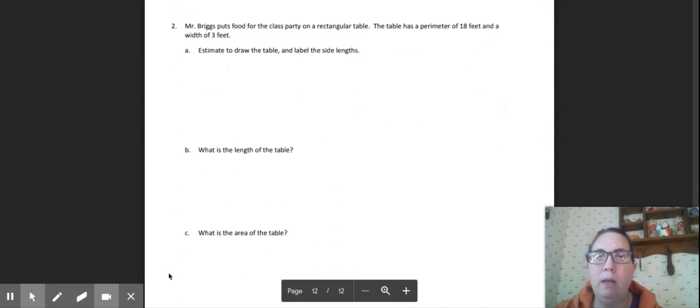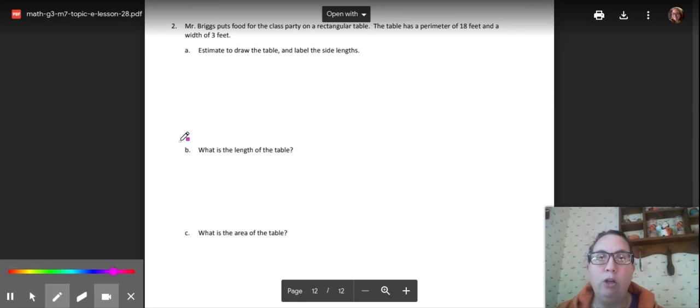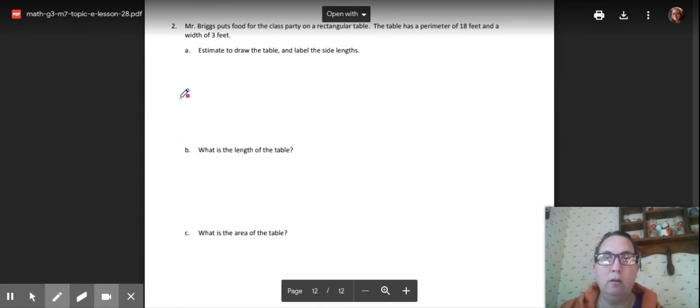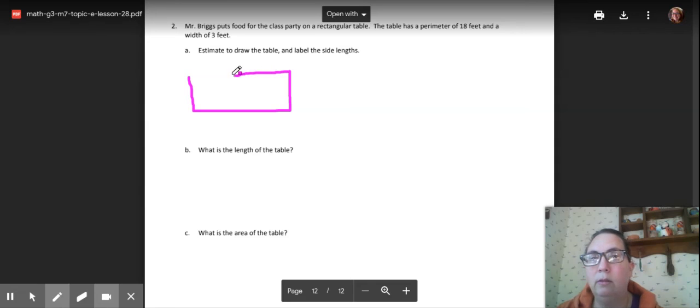Number 2. Mr. Briggs puts food for the class party on a rectangular table. The table has a perimeter of 18 feet and a width of 3 feet. So for A, they want you to draw the table and label all the side lengths. We don't know the length, but we know the width. So let's draw a rectangle table.